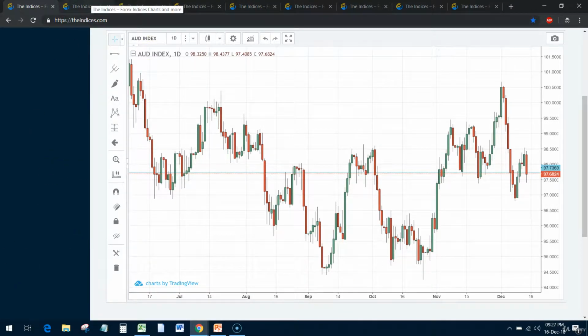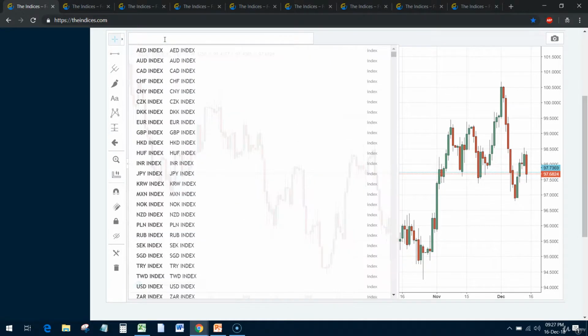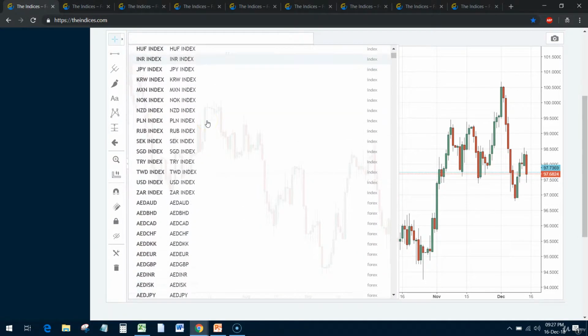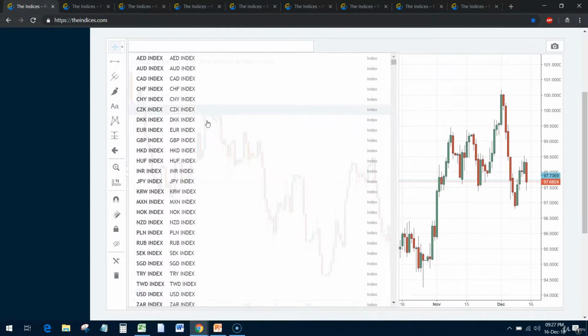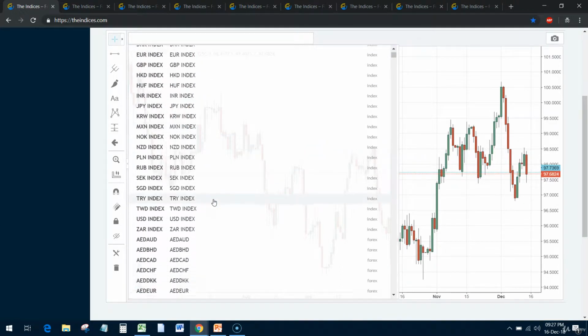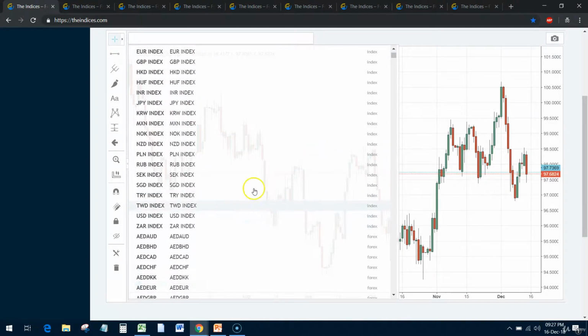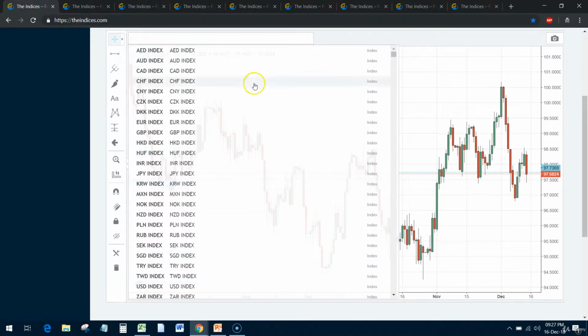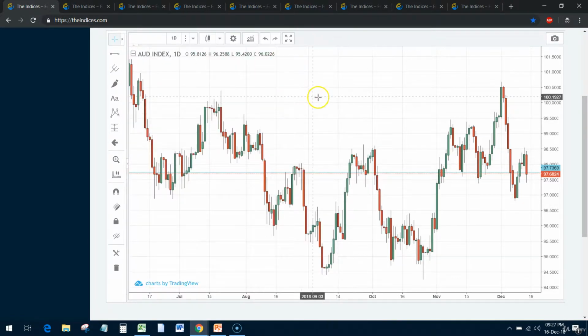So what I've done is I've opened up all the 8 pairs. Of course there are more pairs. So if you see, there are several indices over here, right from Arab Emirate Dirham Index to South African Rand Index. Okay, so I believe there are 20 plus indices over here. Okay, so I have opened up all these indices.